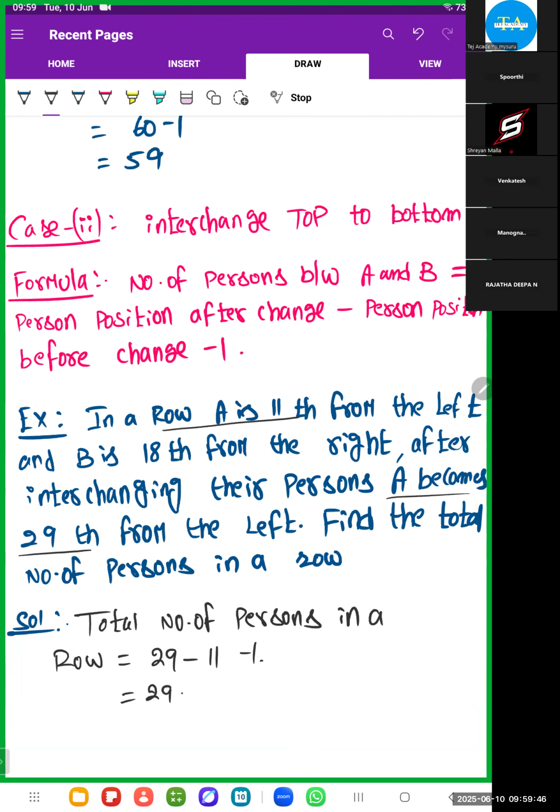So 29 minus 12, so 17 is the answer. Clear? Yes.